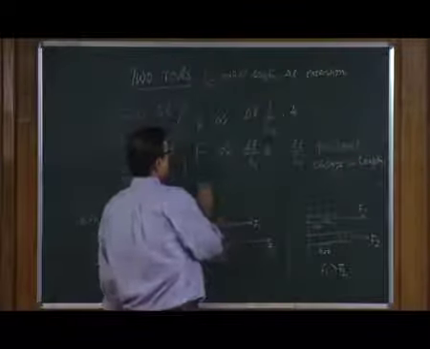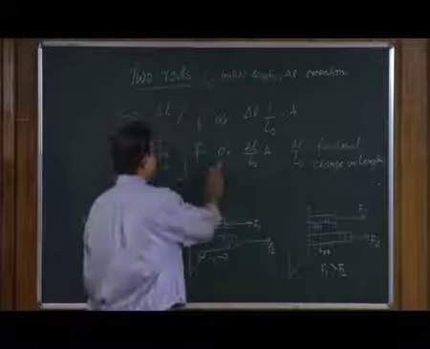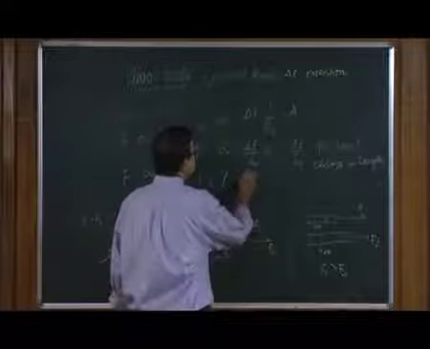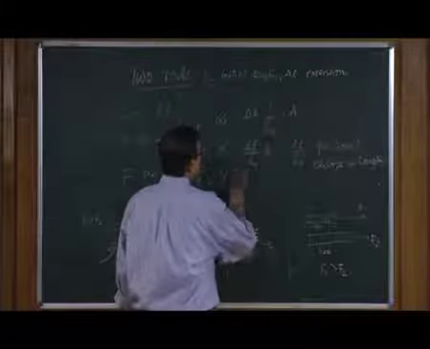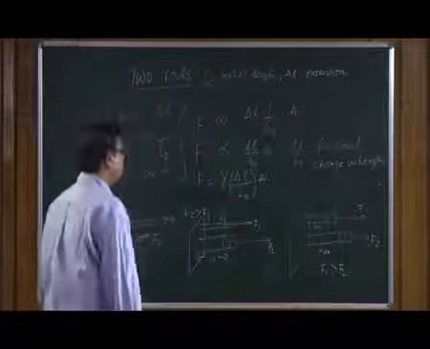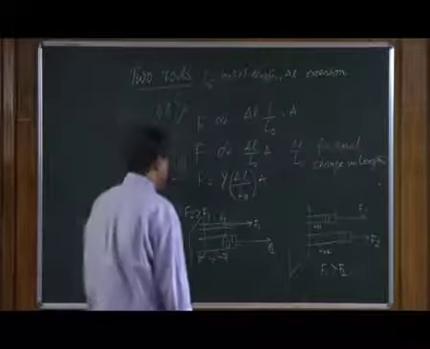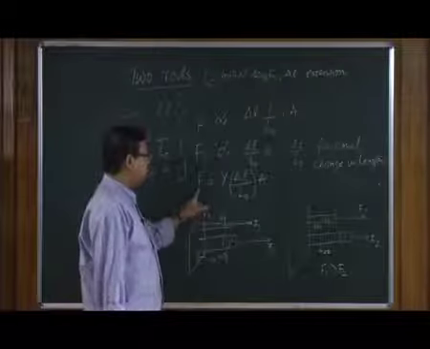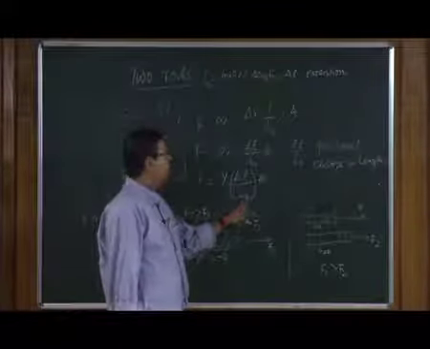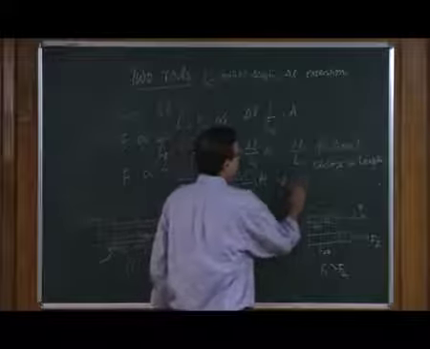Hence, I can change this proportionality using a proportionality constant, which can now be called Y, so F equals Y times delta L by L0 into A. And this is a very important equation in the study of mechanical properties of solids, or rather the elastic properties of solids, in which it says that the force required to create an extension delta L for a material of length L0 and cross sectional area A is written as this, where Y is known as Young's modulus.